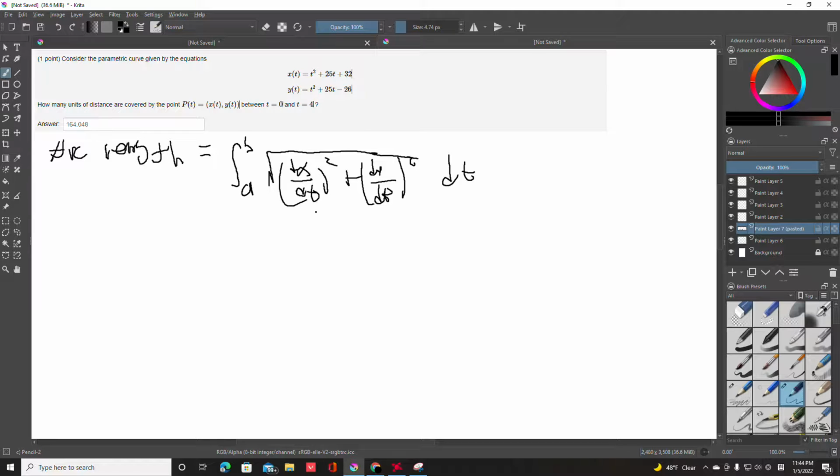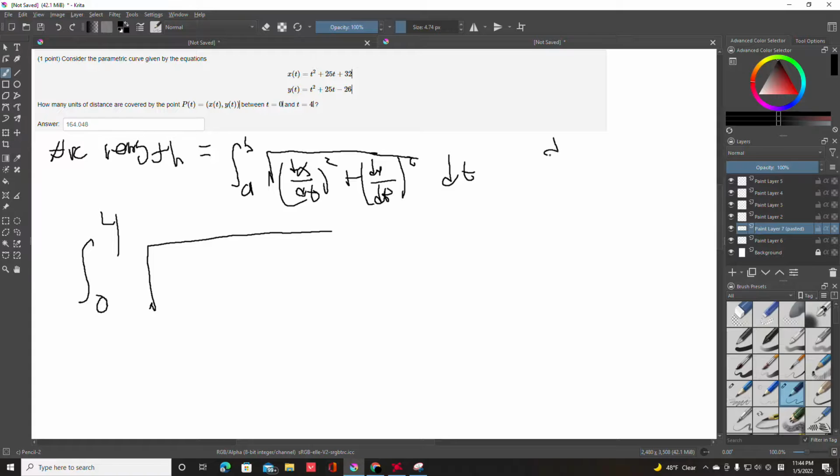And then this formula would get us the arc length. So following this formula, we have to find the derivative of x of t, square that, find the derivative of y of t, and then we square that, and then put all of this under a square root, and the interval they give you is 0 to 4. So let's write all of that down. 0 to 4, square root.